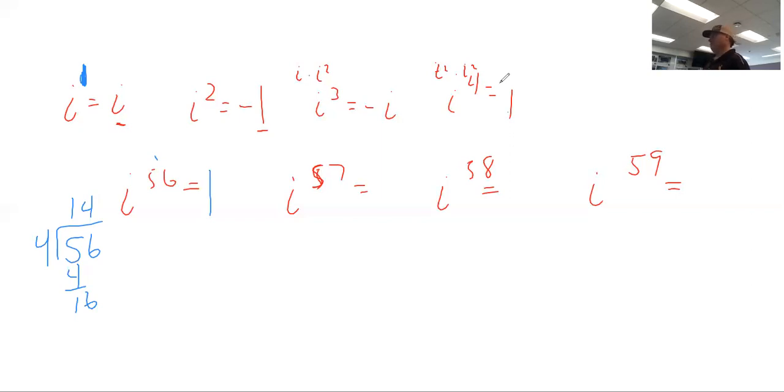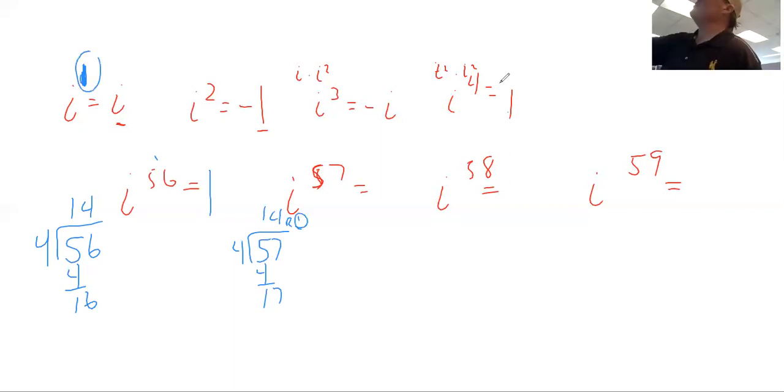Okay? i to the 57th will do the same thing. 57 divided by 4 is 14 with a remainder of 1. See this exponent of 1? That matches the remainder. So this is i.